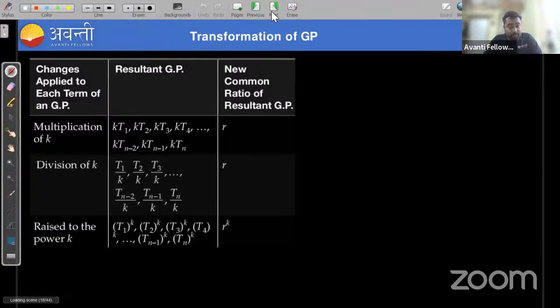So the transformation of GP, like we did similar things with AP also.